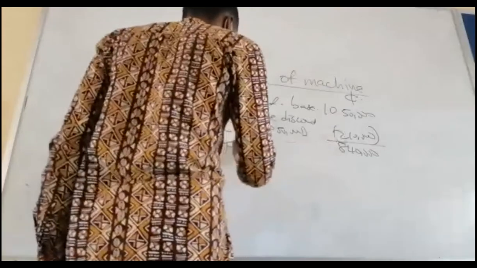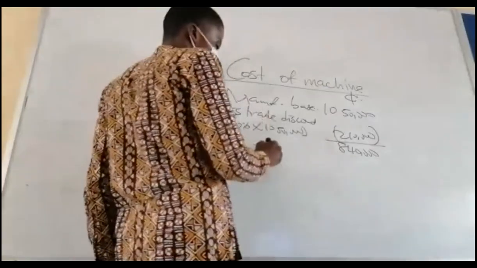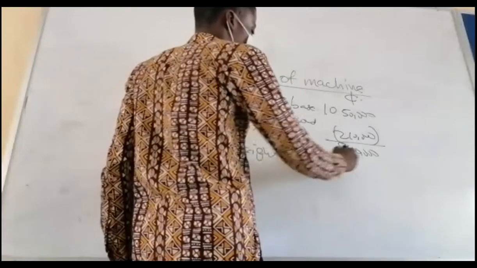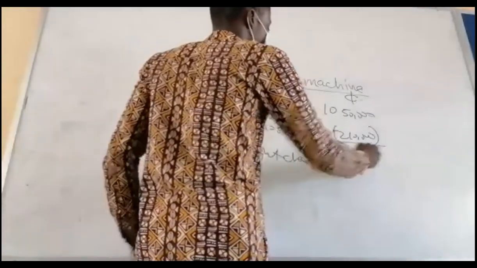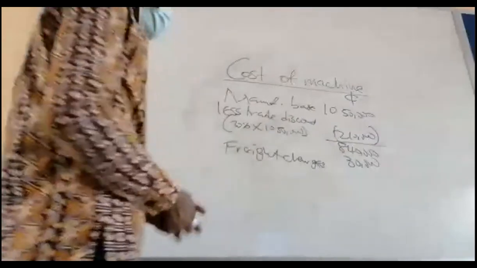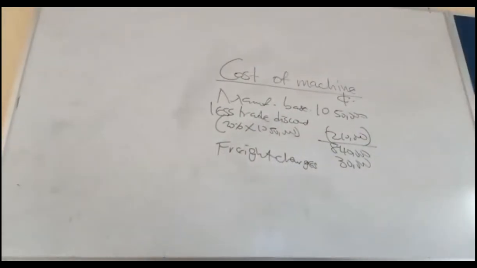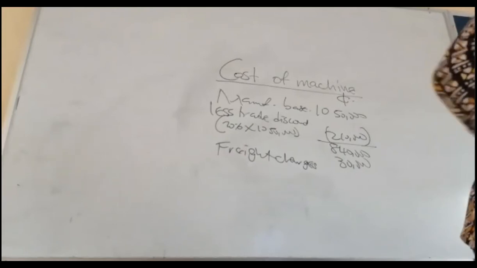So freight charges should be part, 30,000. Then the next one is import duties.